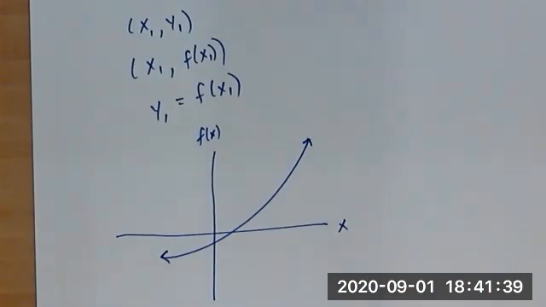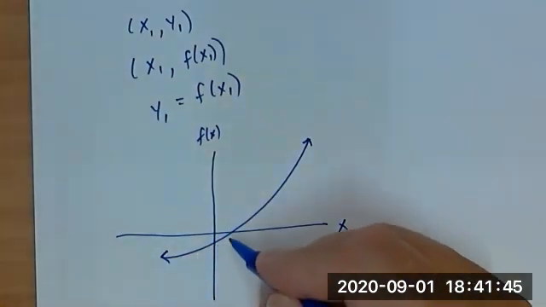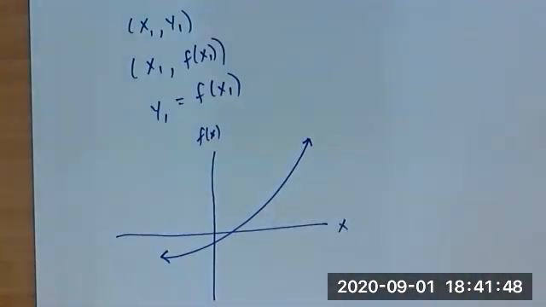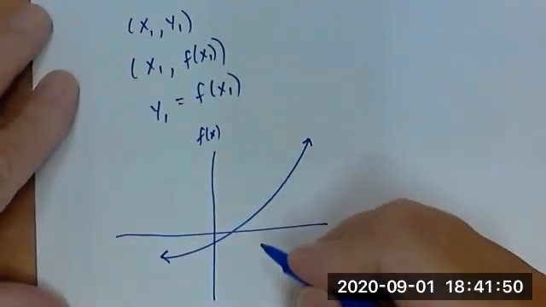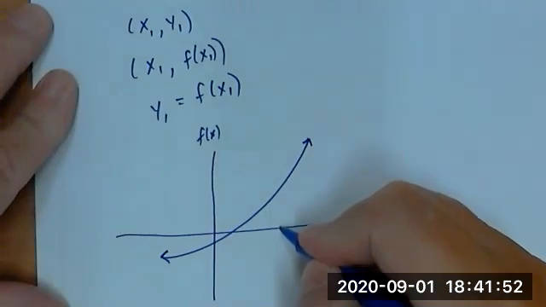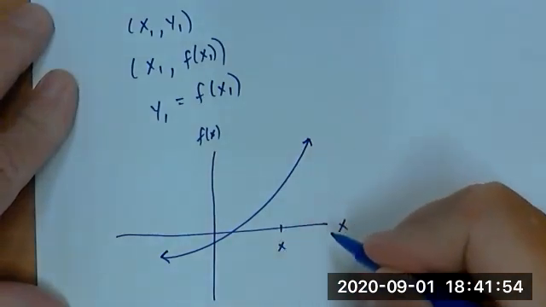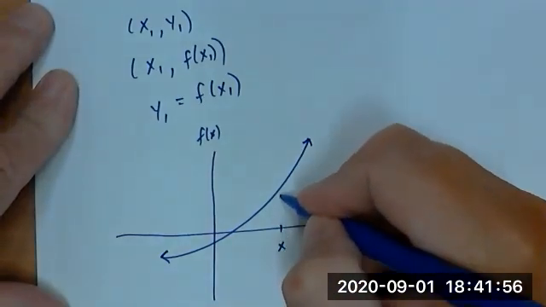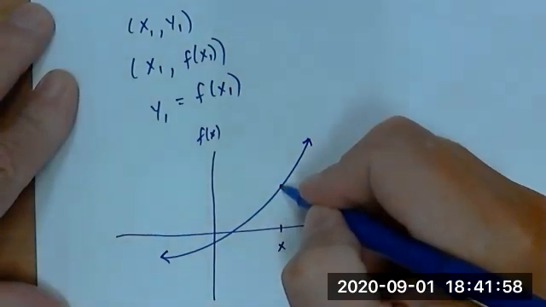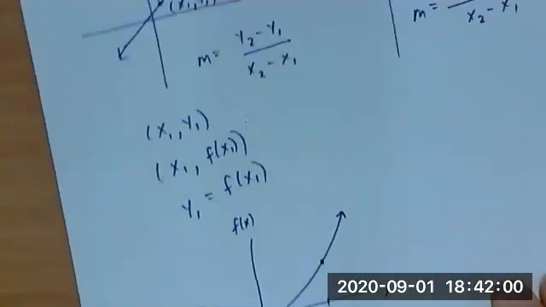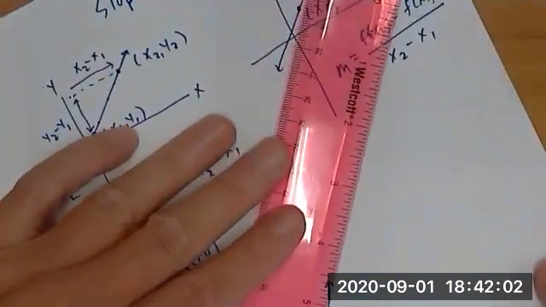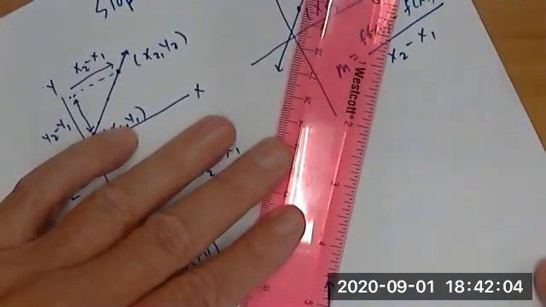So what we talked about before is, if someone says, what's the slope of this line? You have to ask them, well, you need to tell me where you want to know the slope, because the slope of this line is constantly changing. So as soon as they choose a value of x, then you can go to your curve. And then what we do is, I'm going to even take a ruler. We try and draw what's called a tangent line.